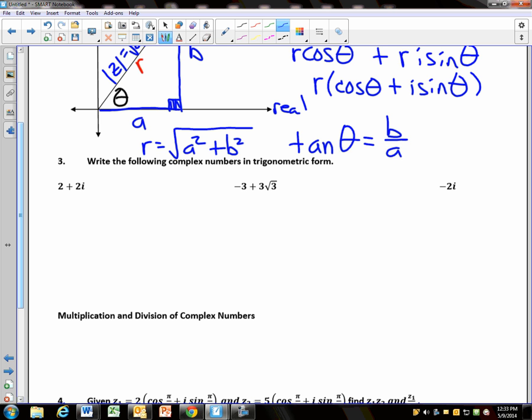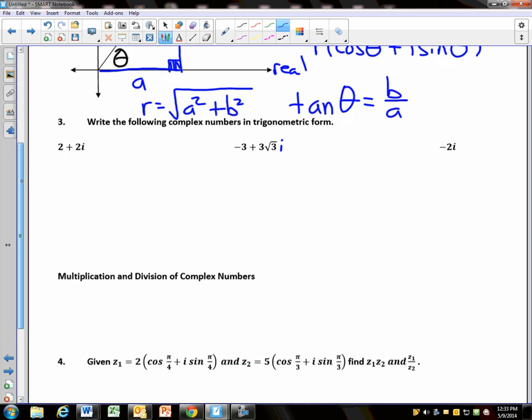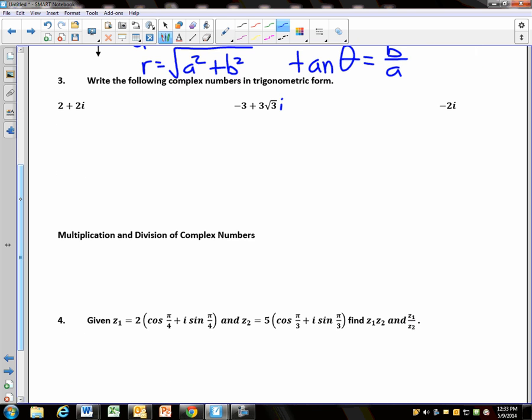I now want to actually put these three examples, these complex numbers, into trigonometric form. Forgot an i there, you can put that on the end. And so here's what we do. We have a and we have b.